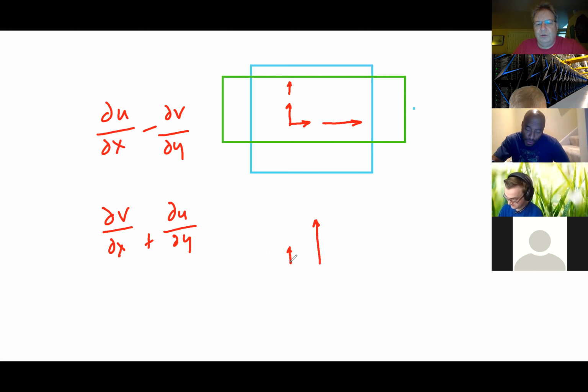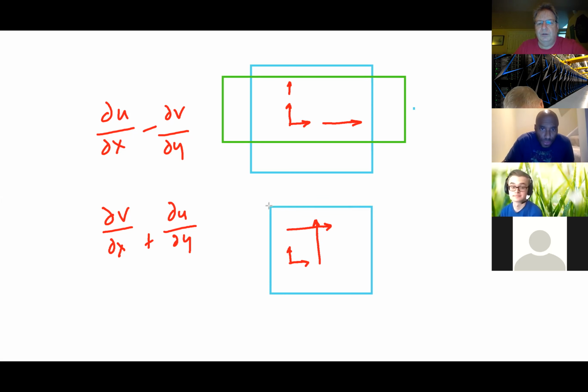So the u changes. And now what would I do with my square in this case? What would this square become? A larger square? No, wait, think about this.